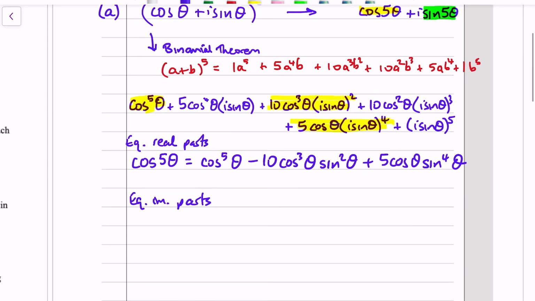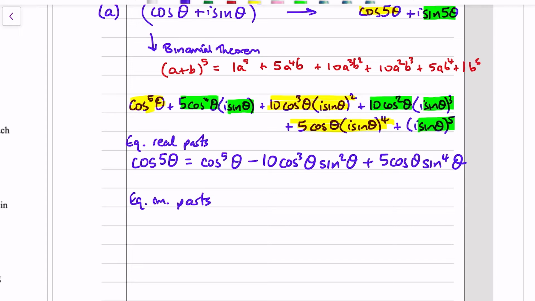in a similar way. Sine 5 theta is going to be this term here. I don't need to take the I with us. It's just the coefficient in front of I. Okay, those three terms there. I've got to be careful though, because I cubed is negative I, and I to the 5 is positive I. Remember that powers of I repeat every 4.